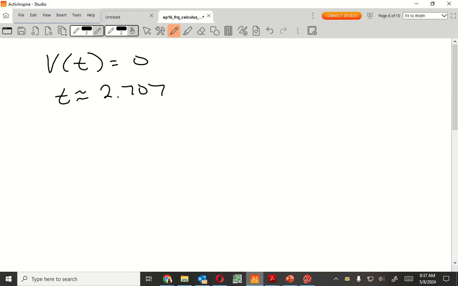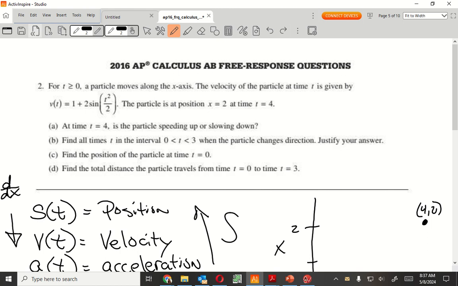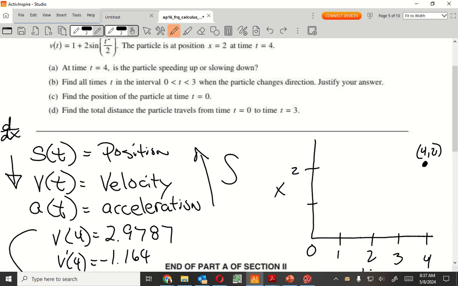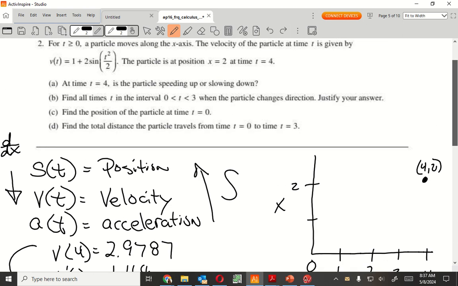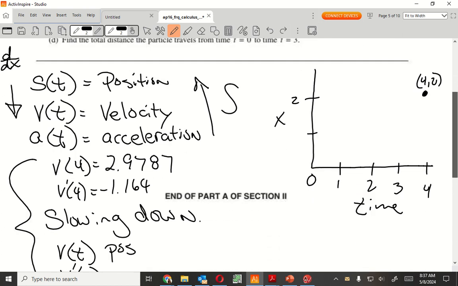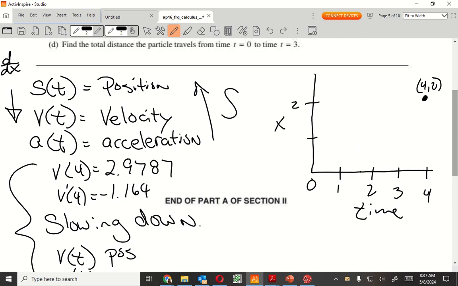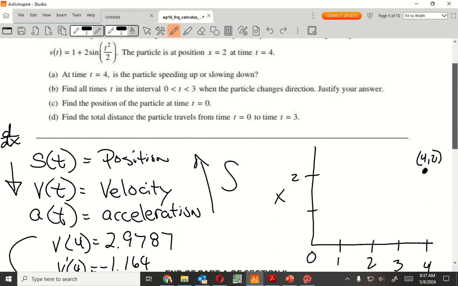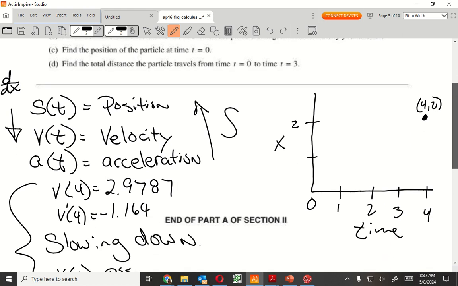Now the next one, let's go back a little bit. C. Justify your answer. Okay, we did that one right there. And find the position of the particle at time t equals 0. Now, this one has to do with this graph, but I'm going to move this graph to the next page.